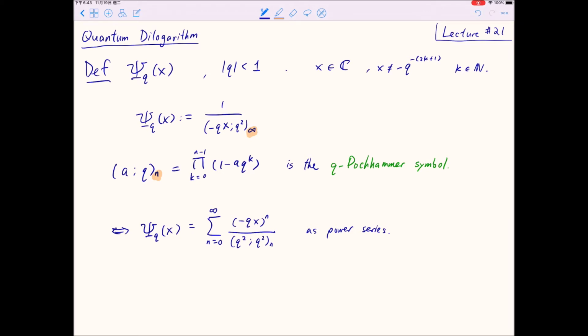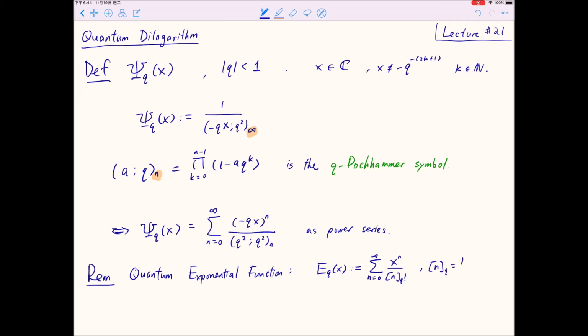We will explain later why it is called the quantum dilogarithm. But another very closely related function is the quantum exponential function, written, let's say, e_q(x). As a power series, it looks very much like the exponential function, but instead of n factorial, you have the quantum number n factorial, where the quantum number is defined by the following.